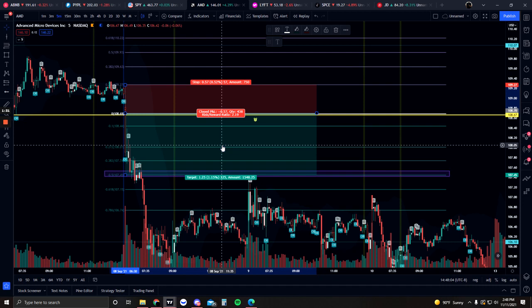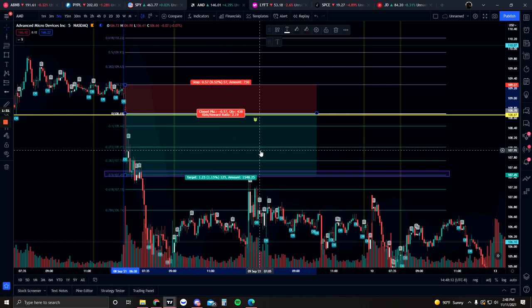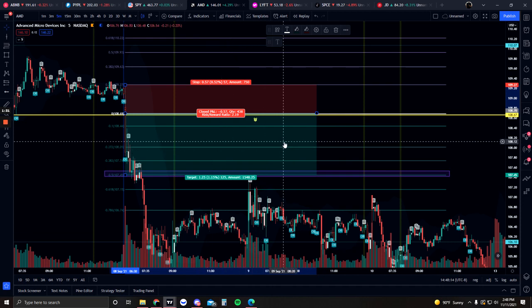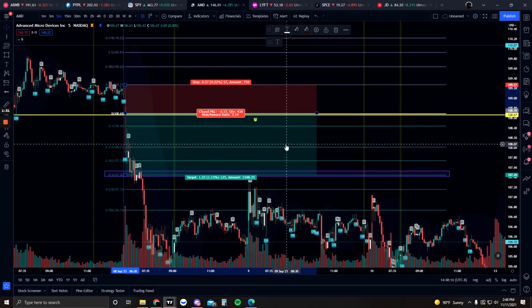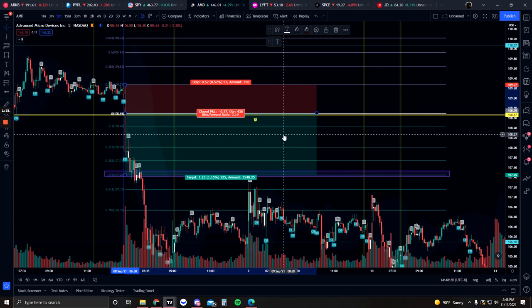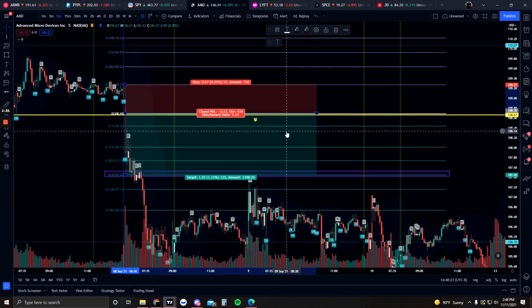Every trader, no matter how good you are, is going to go through a drawdown period where you just end up in the wrong trades, or you're making the wrong assessments, or the trade just goes against you. Well, if you have a good risk to reward ratio, it's already baked in that you're still going to be in profit at the end of it.